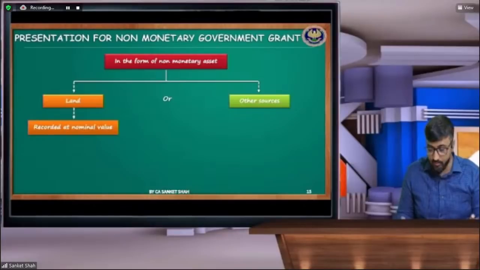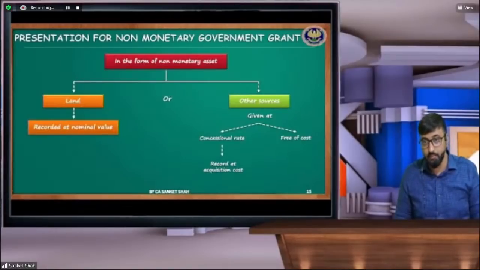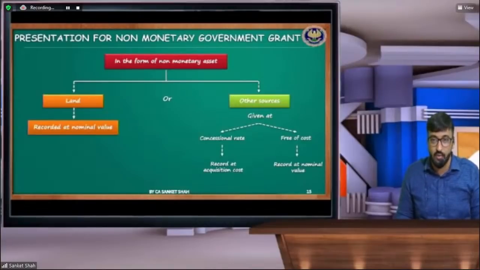Other sources given at concessional rate or free of cost. If the government is giving anything at concessional rate, non-monetary means which is not in the form of cash. So if concessional rate, then recorded at acquisition cost, and free of cost, then recorded at nominal value. Concessional rate means the rate at which we received it. Very simple. Non-monetary means not in cash.